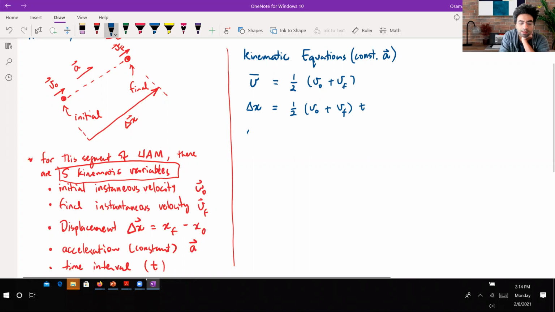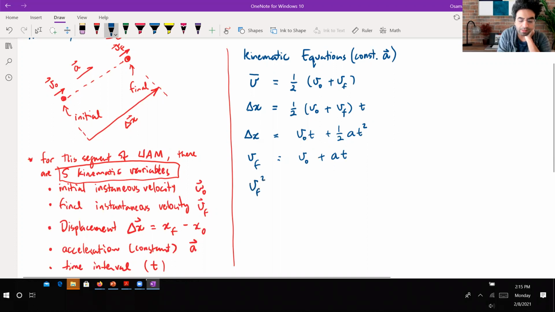And then there's another one that relates the displacement to the initial velocity, the time, and the acceleration. And there's one that relates the final velocity to the initial velocity, just from the definition of the acceleration, because the acceleration is the change in velocity divided by the time. So if you rearrange that equation, this is what you get.